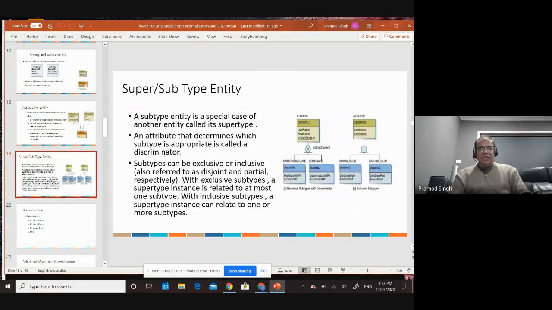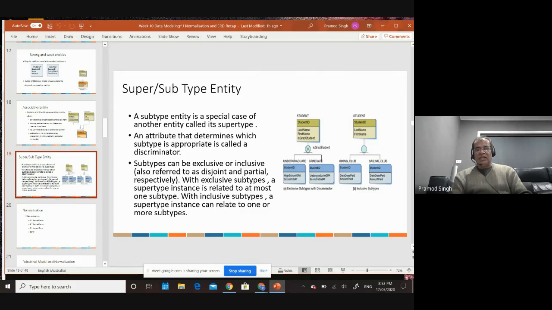The last part of this section is super type entity and subtype entity. A super type entity is basically an entity which has a strong relationship and exists alone, and it is independent. In particular, the subtypes are dependent on the supertype.